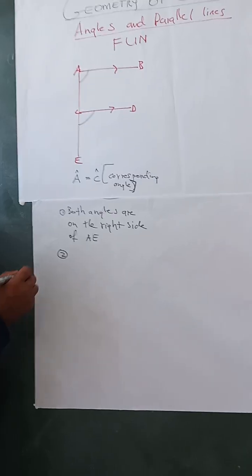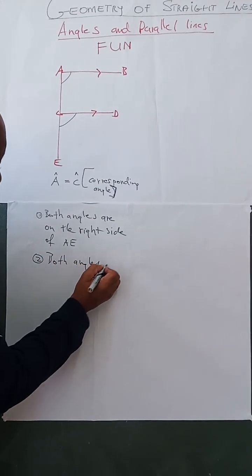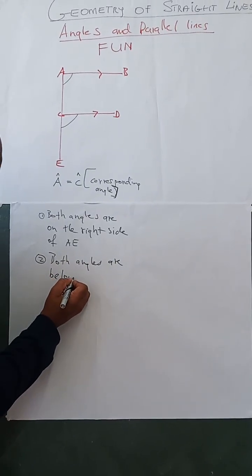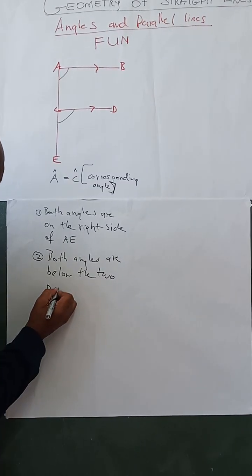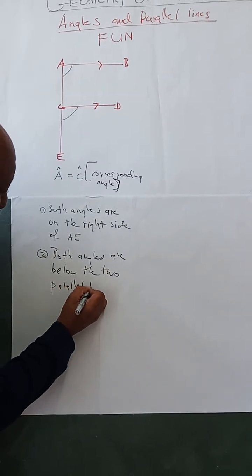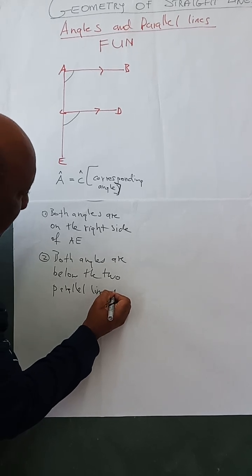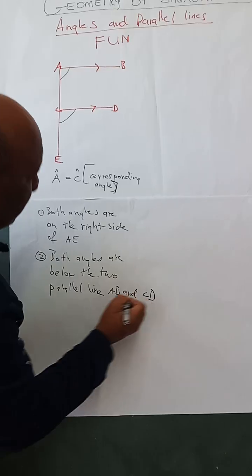Number two, both angles are below the two parallel lines, which is AB and CD.